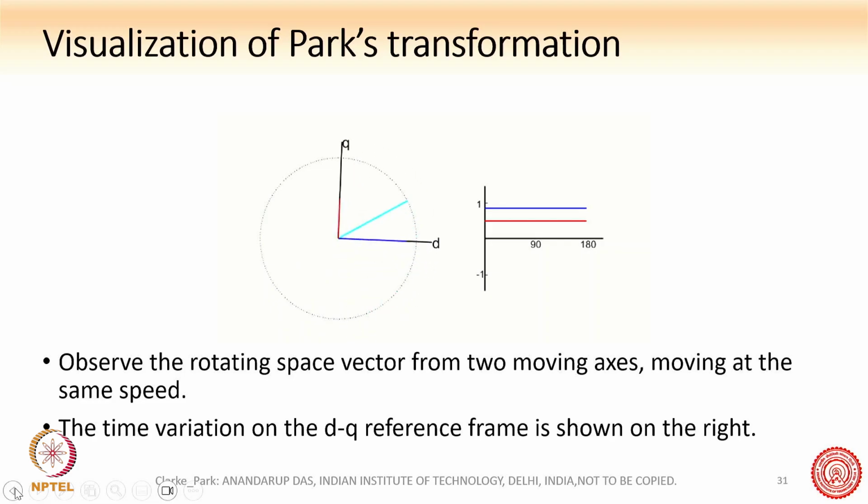When we did this dq0, then id and iq became DC quantities. Here you can see these are all DC quantities. Now this is one of the biggest advantages of going into this Park's transformation. In Park's transformation, we are going to deal with DC quantities and no longer AC quantities, and actually this helps in the design of controllers.